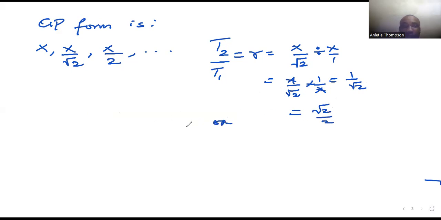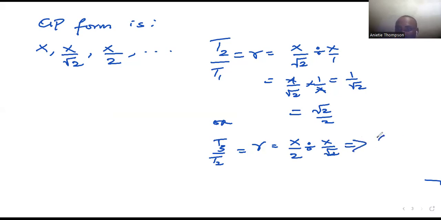Or let's test for the third one. We have T3 over T2 is still going to be equals to R. R can also be equals to that. So let's check out what that gives. That means x all over 2 divided by x all over square root of 2, which is the same thing as x all over 2 times square root of 2 all over x.